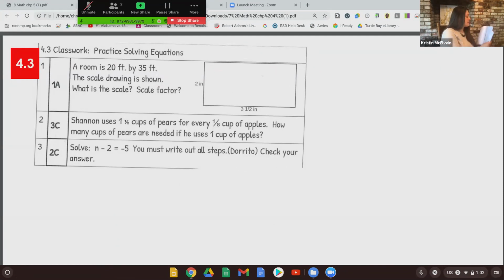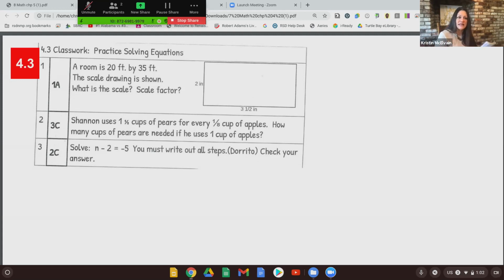Here it is, scale drawings number 30. So I'm going to read this to you. A scale drawing is a proportional two-dimensional drawing of an object. A scale model is then a 3D version of that. So the scale gives the ratio that compares measurement of the drawing or model to the actual measurements.